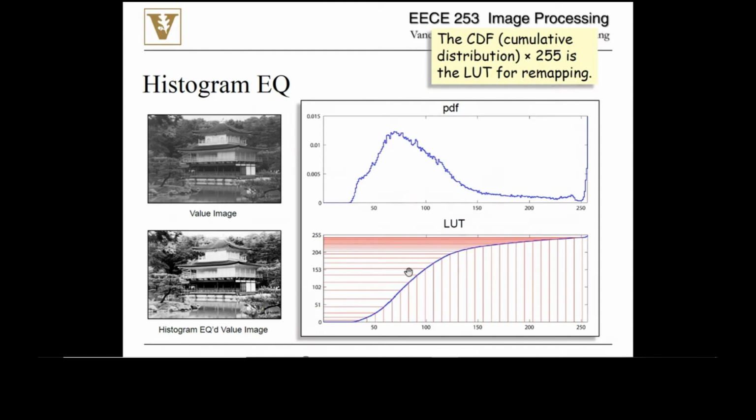And looking at this lookup table, this region here where almost all the lines overlap. Are we increasing or decreasing the contrast in that area? Decreasing. We are decreasing by much. That is why they are so close to each other, and the slope here is very small.